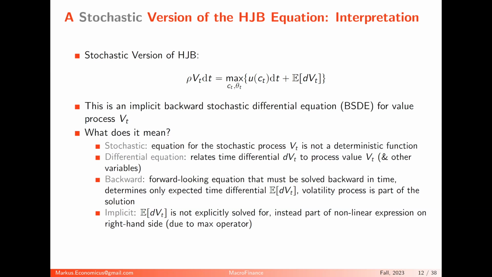Okay. So implicitly, this term here is not explicitly solved for. Instead, it's part of a nonlinear expression in the right-hand side. And the nonlinearity comes from this max operator. So you might think, oh, what's nonlinear here? It's actually all very linear, but the max operator makes it nonlinear. Okay.